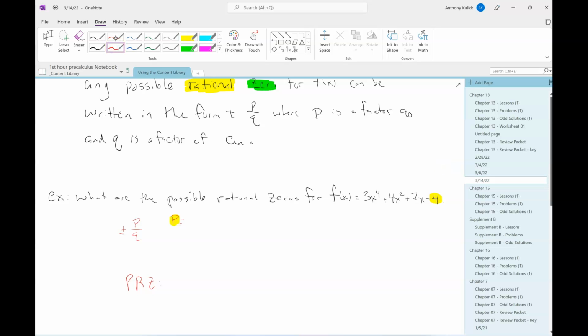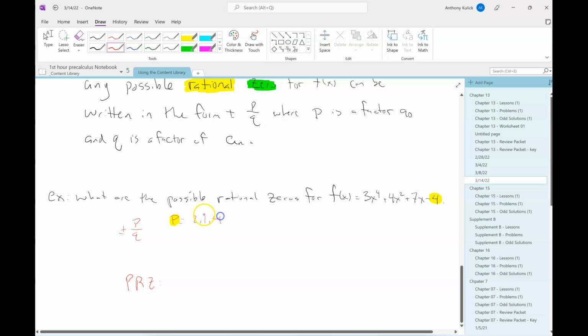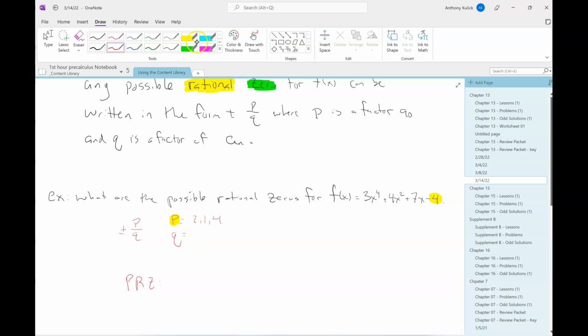That's negative 4. So what are the possible factors of 4? 2, 1, and 4. Usually I like to write them in numeric order, but what you've written is certainly totally fine.